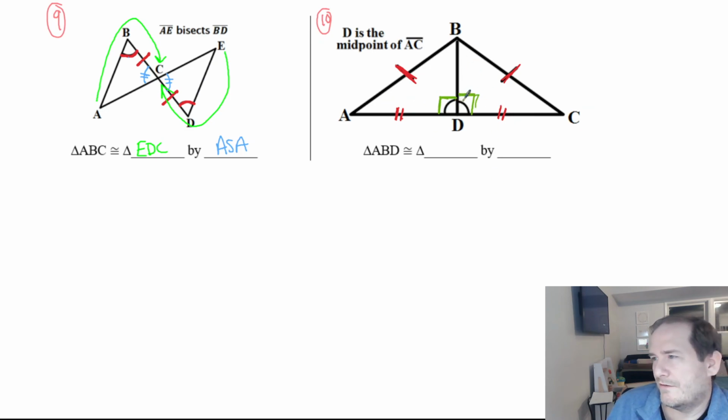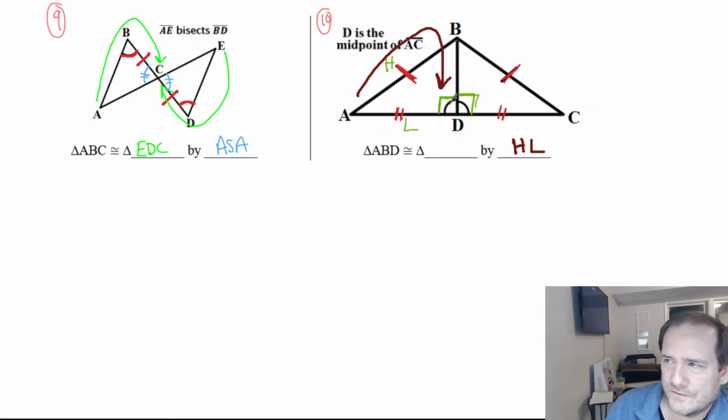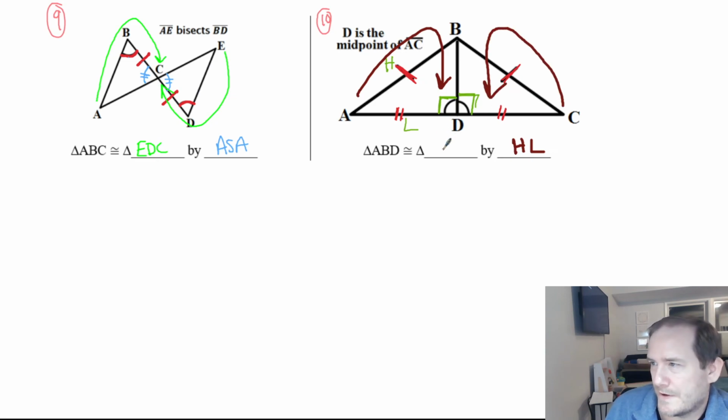So since those are right angles, this side here isn't just a side, it's a hypotenuse. This side isn't just a side, it's a leg. So I think really for this problem we should be saying HL. And if they say ABD, it's that same pattern we've been doing over and over again. They're going from A to B to D. So we're going to go from C to B to D.